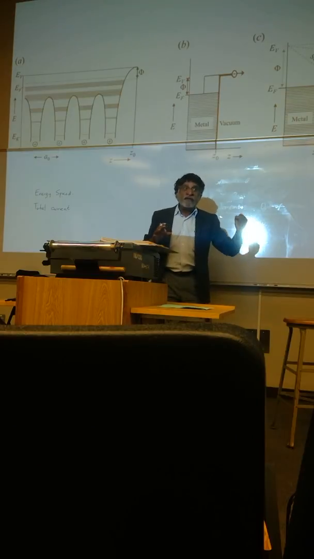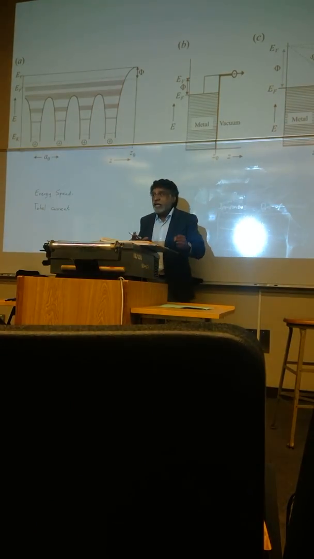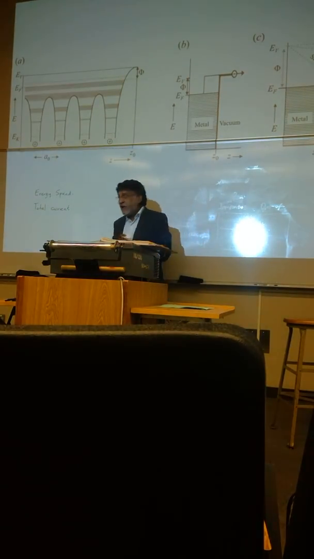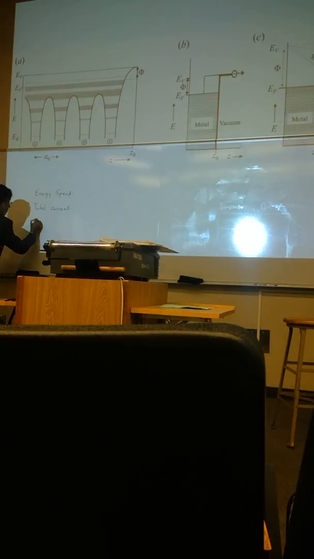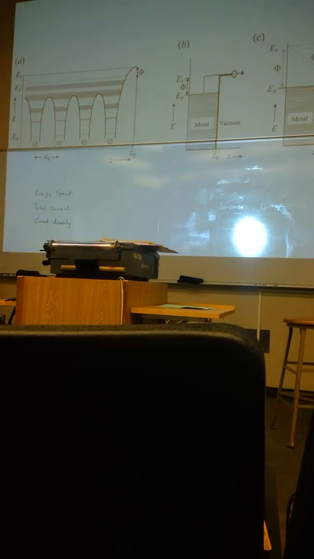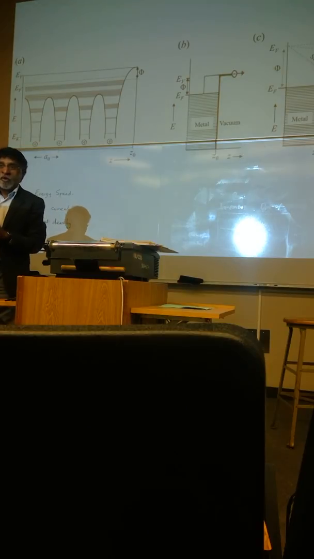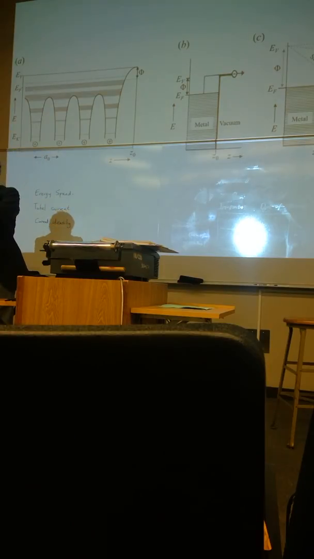But often we are not interested only in the total current. We are interested in something called the current density. What is the difference? When we have an electron microscope or an electron probe, we want to focus the beam.